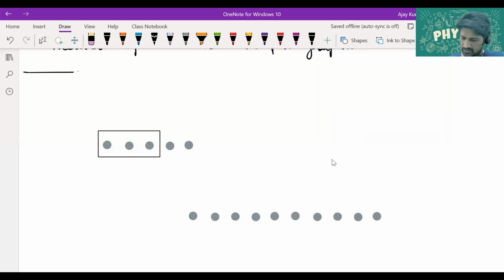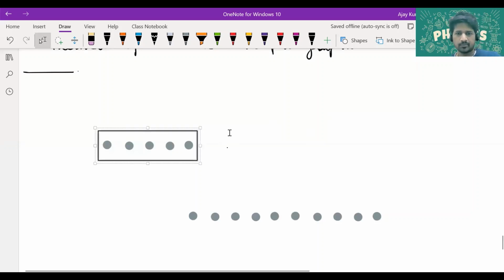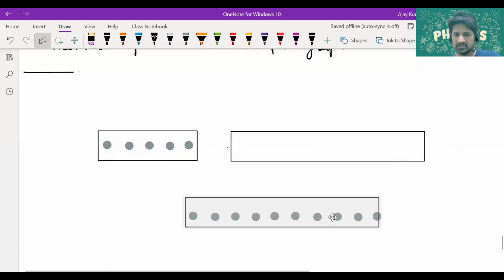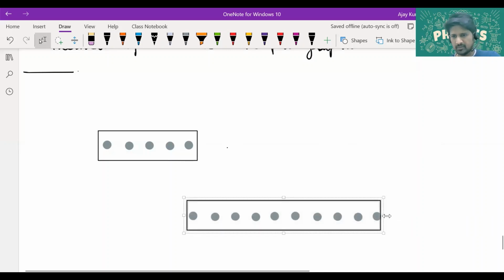Let's consider a solid object. Let's say this is one object made of 5 molecules. Actually, an object made of 5 molecules, you won't be able to see it also. So this is just a hypothetical example. Consider another object made of 10 molecules. So what is different between them is their size. They are made of the same material, let's suppose.